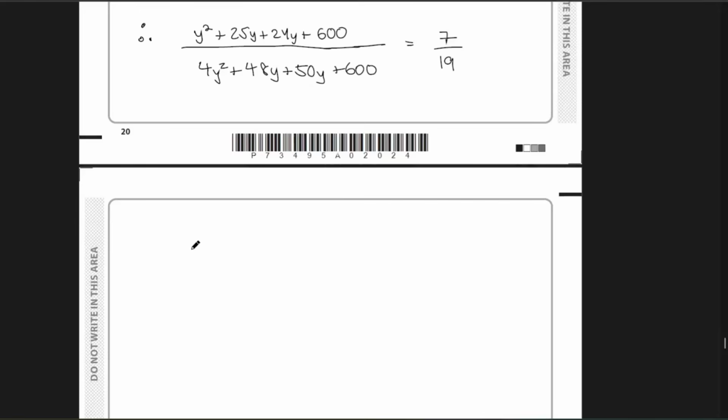So we can cross multiply. We can say 19 times, the numerator is y squared plus 49y plus 600 equals 7 times 4y squared plus 98y plus 600. Let's continue solving this.